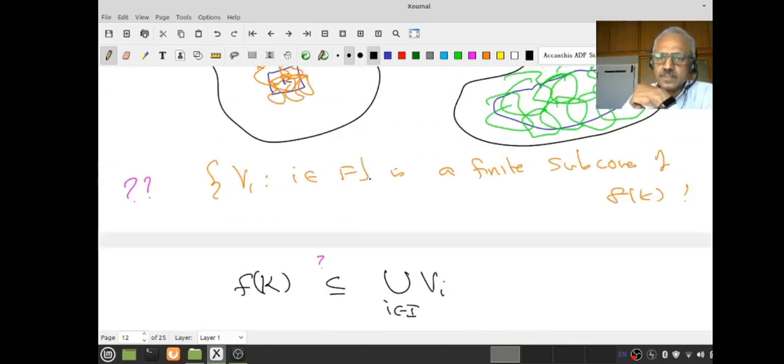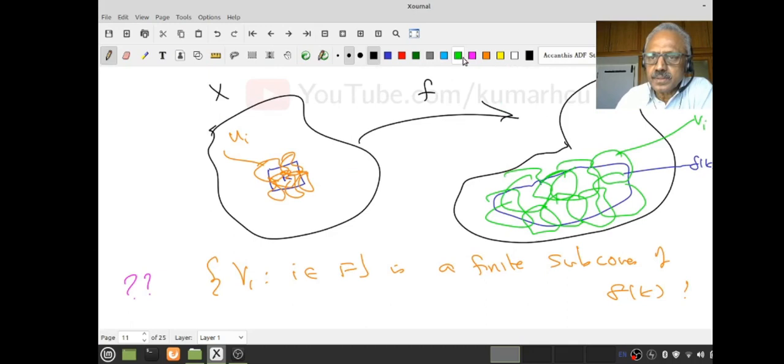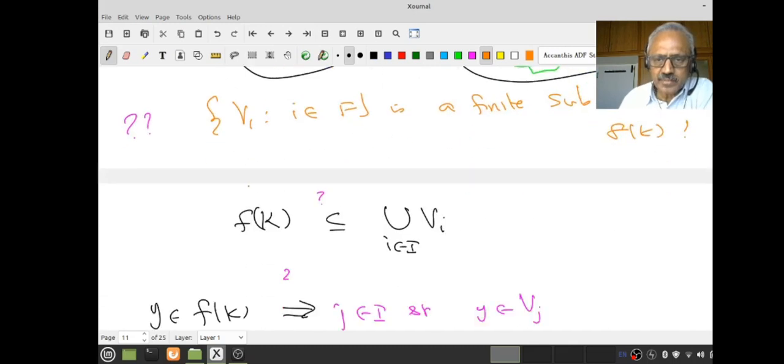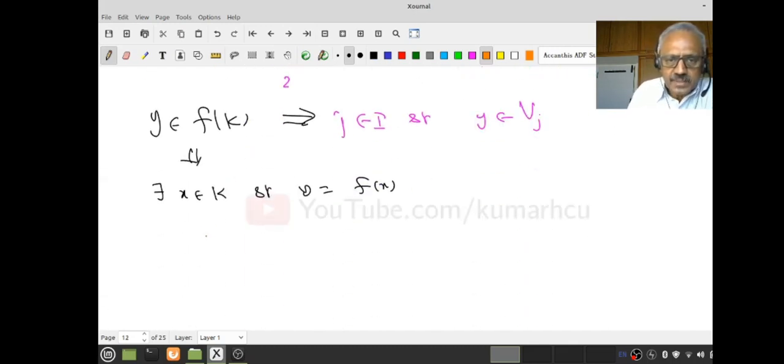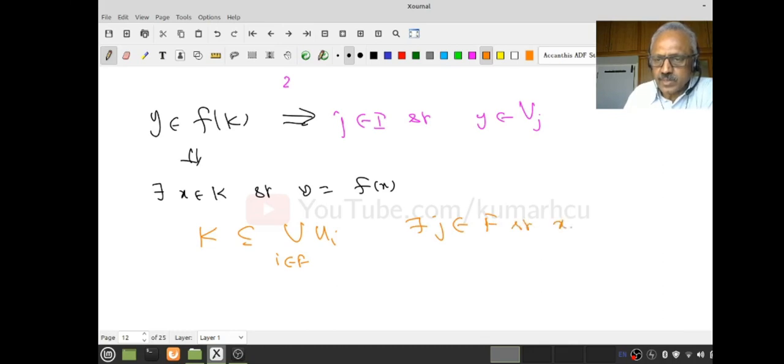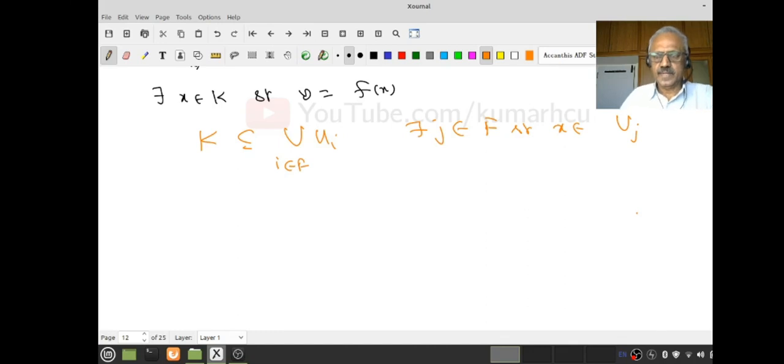Yeah, so I start with a y here. Okay, therefore there exists some x such that y equals f(x). Now this x has to be in one of the U_i's where the i comes from F, right? Since K is contained in the union of U_i, i in F, there is a j in F so that x belongs to U_j. Very good.